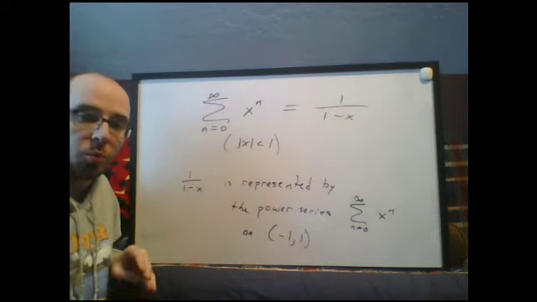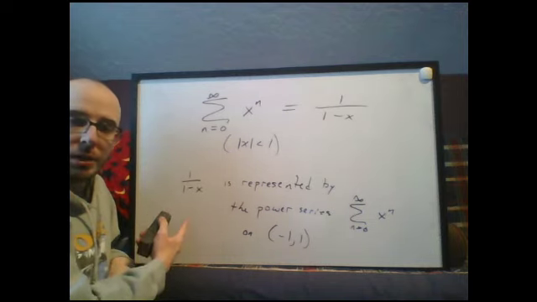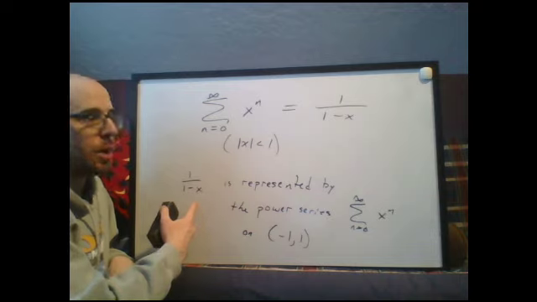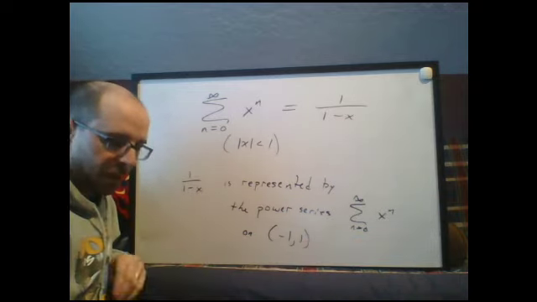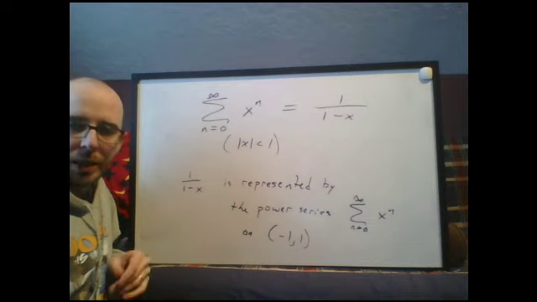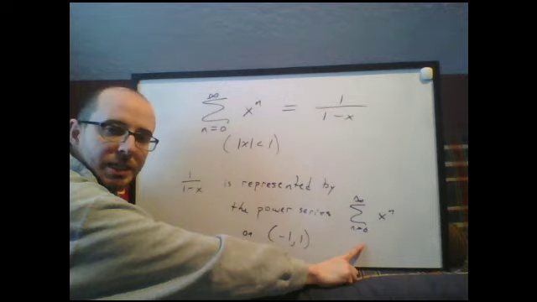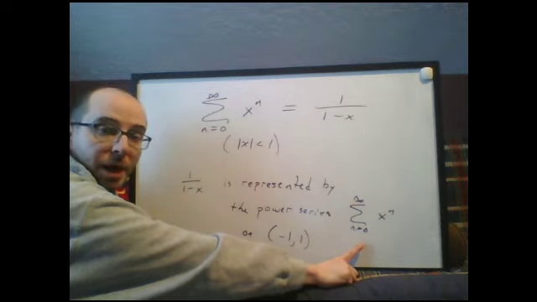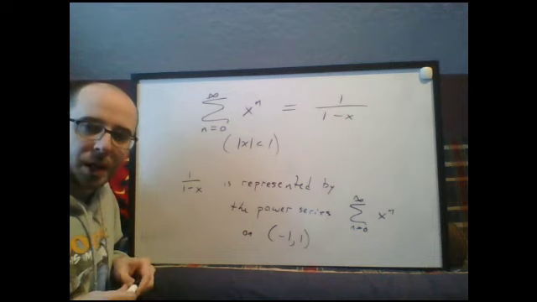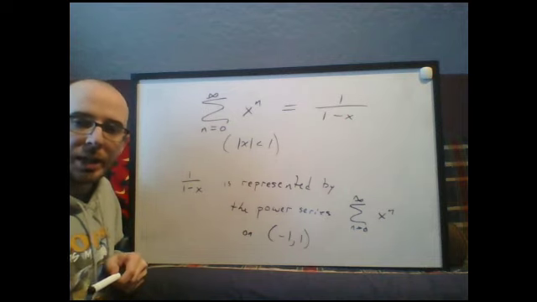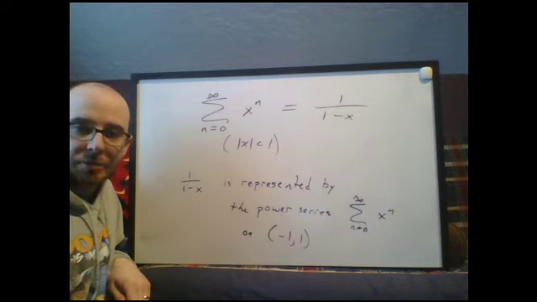Okay, so what we would like to do is, for other functions, for other formulas like this, find power series that represent those functions. Because as we'll see a little bit later in this lecture, having a power series representation is nice because a power series is basically just an infinite polynomial. And what do we like about polynomials? They're very easy to take the derivative. They're very easy to take integrals, or to anti-differentiate.